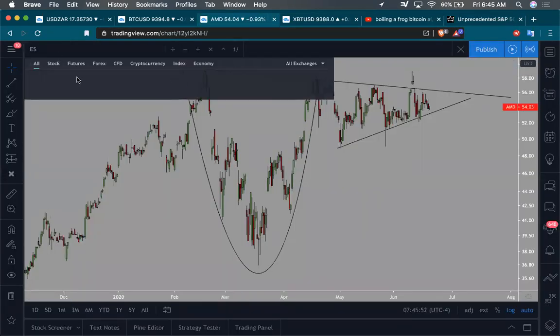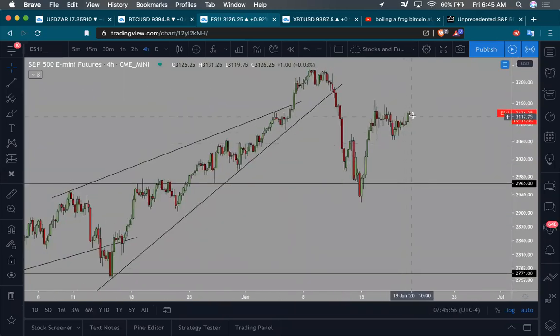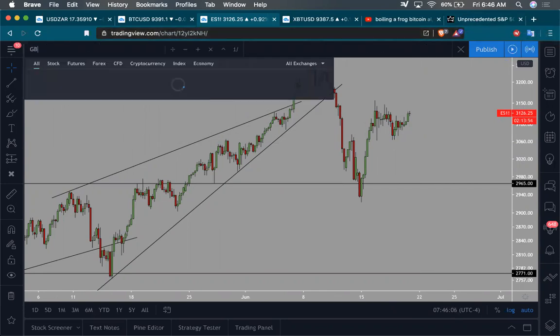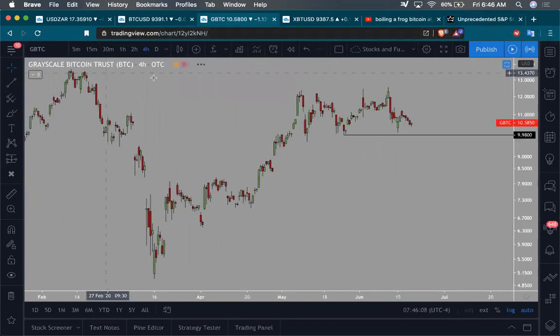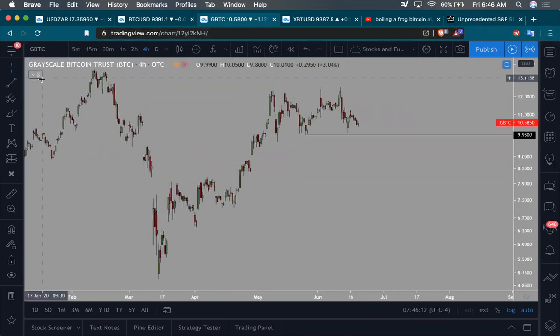So if the S&P 500 drops, so let's check out the ES, right, which is the S&P 500 futures contract. So if the S&P 500 drops today, you'd be damn sure to expect Bitcoin is going to drop pretty darn heavily. Because remember that GBTC, the asset, trades as an ETF on the stock market.